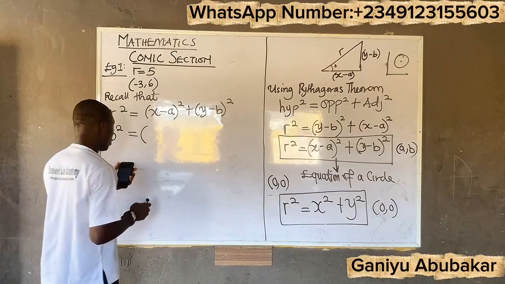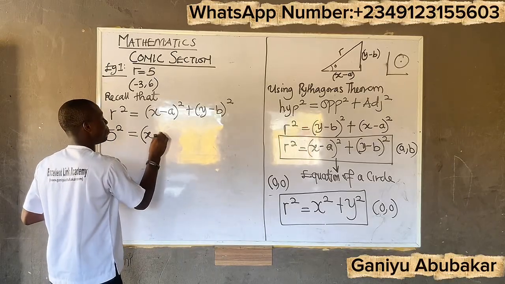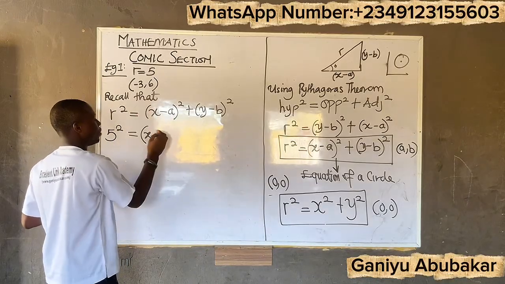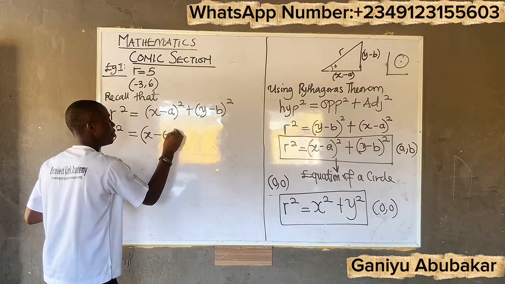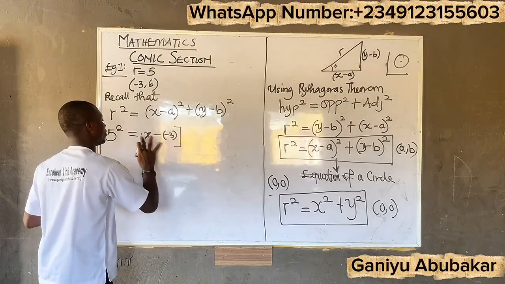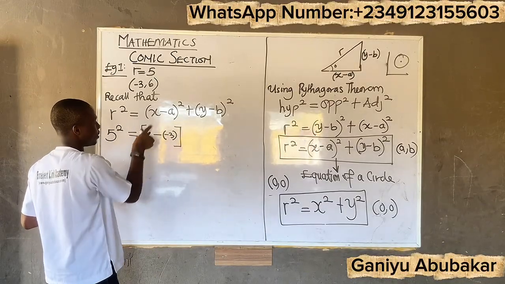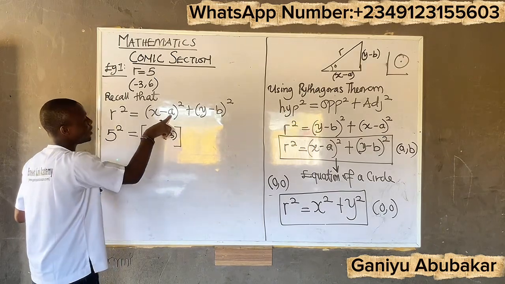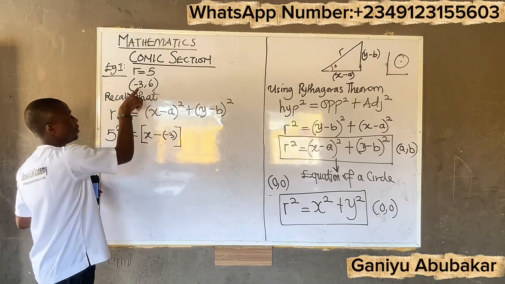So in that case, I'll have x minus, what's a? a is minus 3, in a bracket, minus 3. So I'll change this to a square bracket. This x minus minus, a itself is minus 3, as you can see from here.